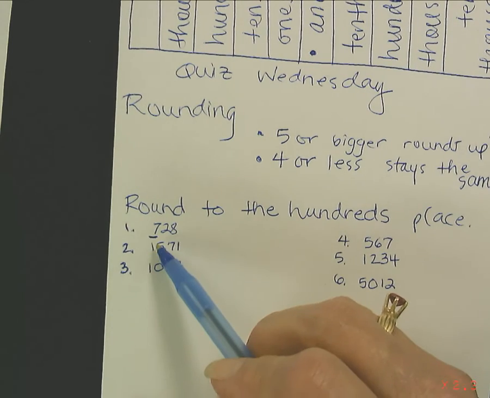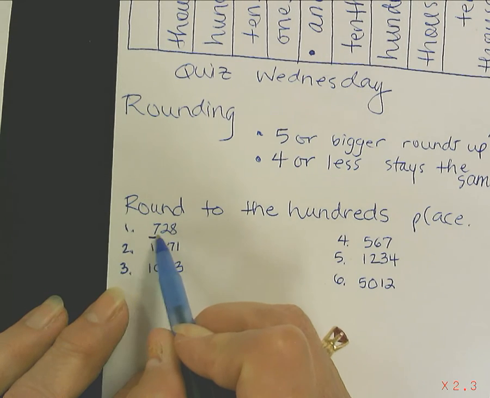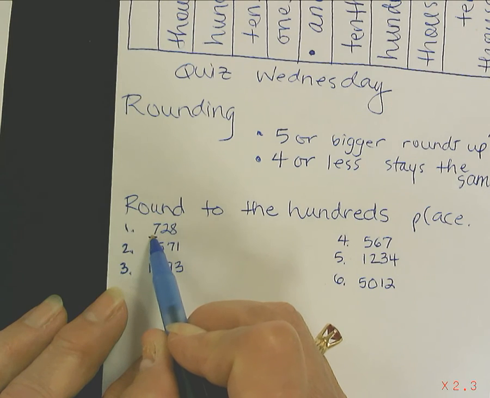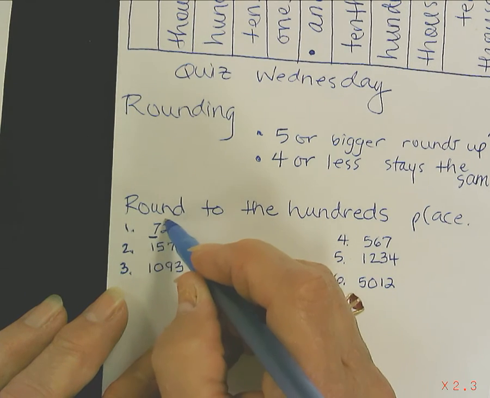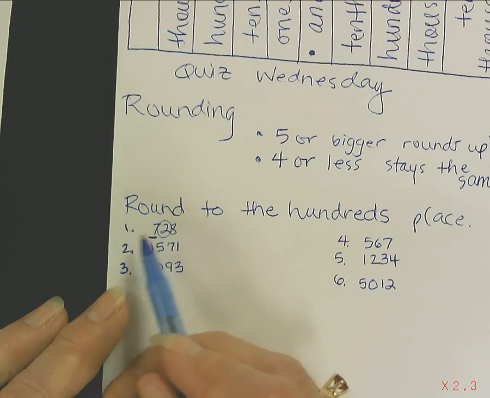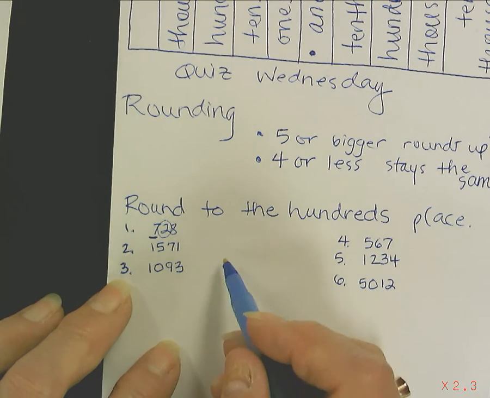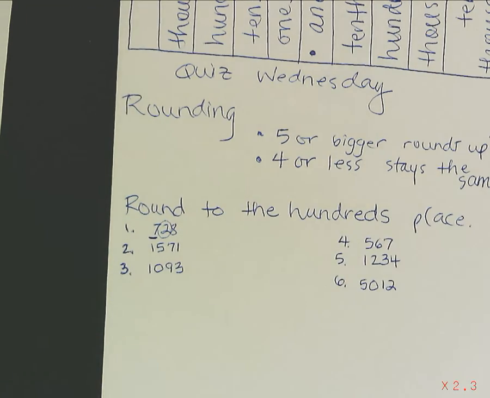So I'm underlining the 7 because my final answer has to have a number in that hundreds place. But my question is, does it stay a 7 or bump up to an 8? And the 2 is what tells you what to do there. So Addie, what is that 2 telling us to do to the 7? The same, yeah. No, here are your 2 rules right here. 5 or bigger rounds up, 4 or less stays the same.